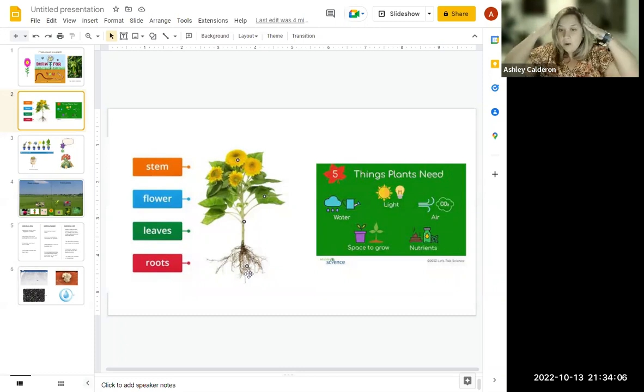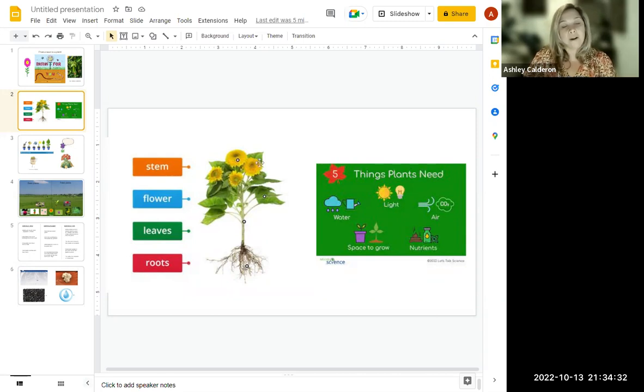Now let's think back once again. Did the root in our story look like the roots on this plant? Hmm, no, not too much, right? So this is what a picture of real life roots look like. And then you have leaves and you have the stem, right?